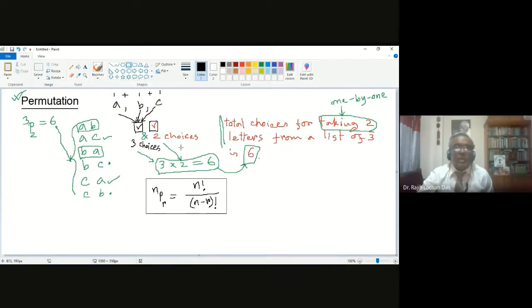N is the number of items you have, and R is the number of choices you are taking. So R is the number of boxes, you can think the number of places.